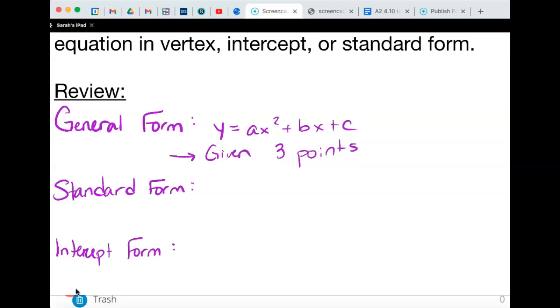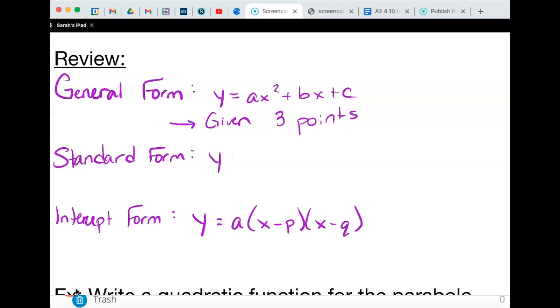Mhm. Yeah, intercept form is like x minus p, then x minus q, so you have 2 intercepts. Standard form is y equals a times parentheses x minus h squared plus k. So standard form and intercept form are easy to write the equation of.